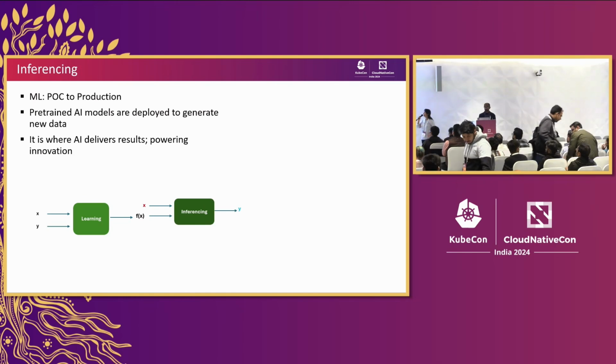So ML, in the last few years, was pretty much at a POC stage, where there was a lot of work and emphasis on training. Training is what happens at the back end, or what you call the development phase in an ML life cycle. You keep training a model, you need a lot of resources, you need a lot of time to train a model, and there's cost and everything.